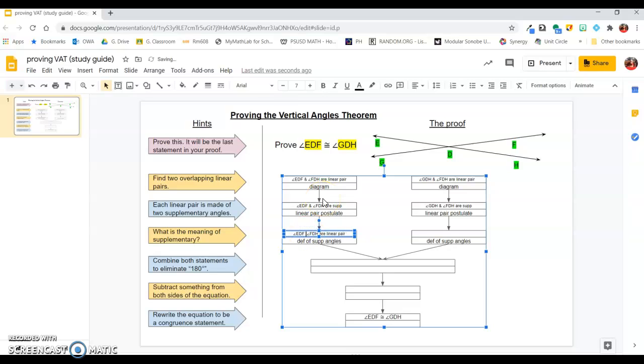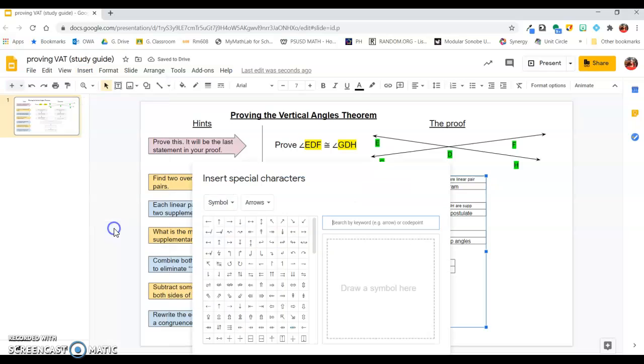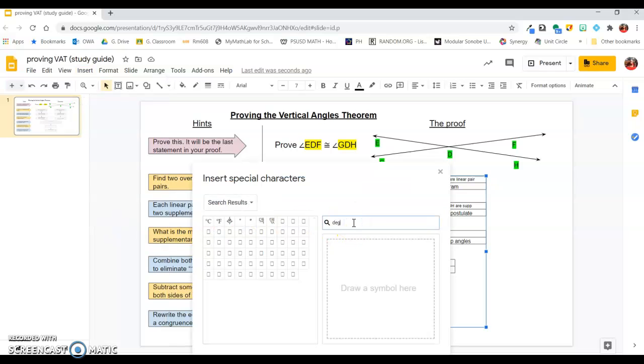So add the measure of each angle, and we will get 180 degrees. Don't forget about the measure over here. And don't forget about degrees. Insert special character, degree. There it is.